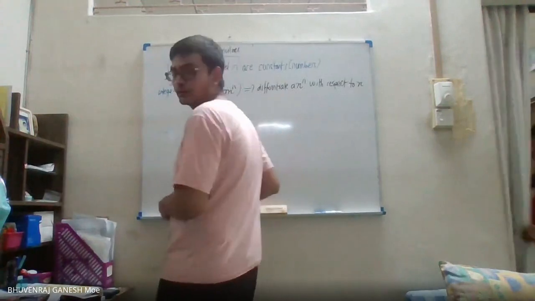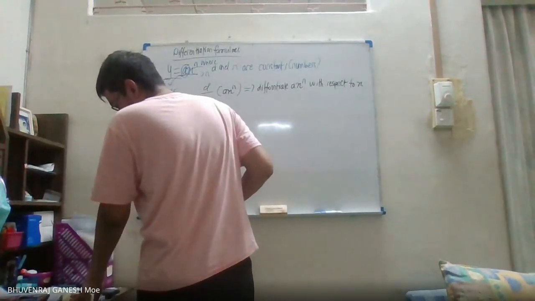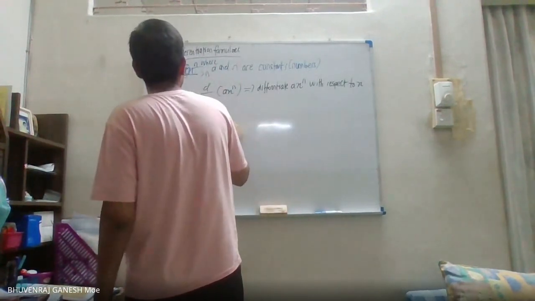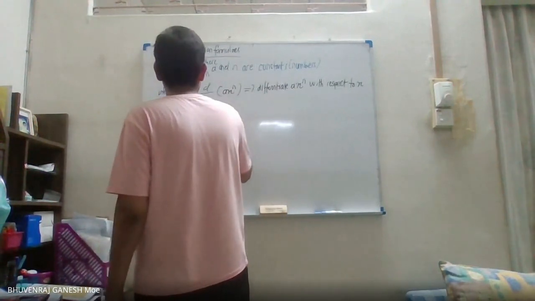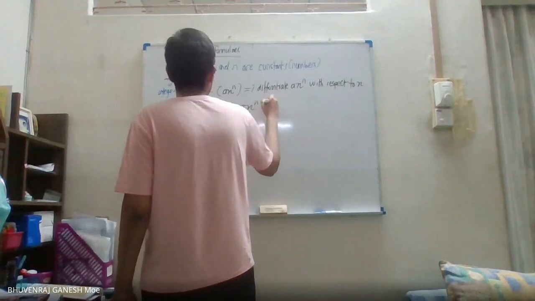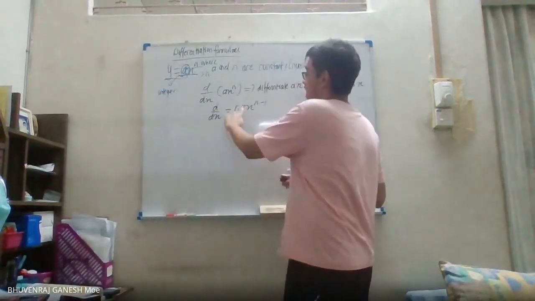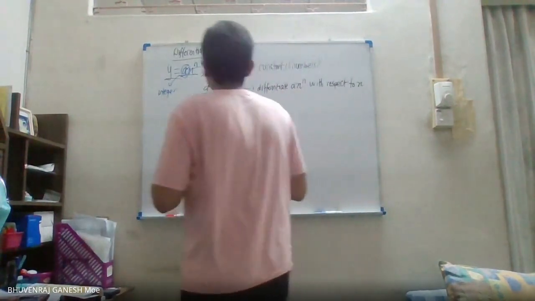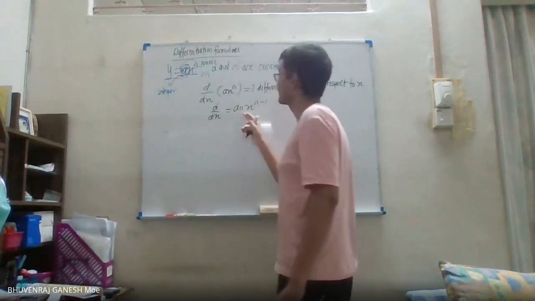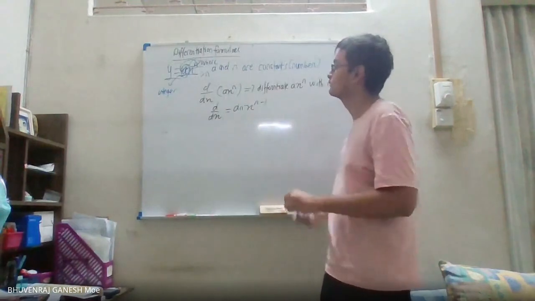So how we do it is actually like this. What you get, we just write in terms of alphabet better. So you will get nax power n minus 1. Means you take the power on top there and multiply it to the constant, you bring it down. So that's why you get nax, and then you have to minus the power. So that's one thing you have to remember as well.